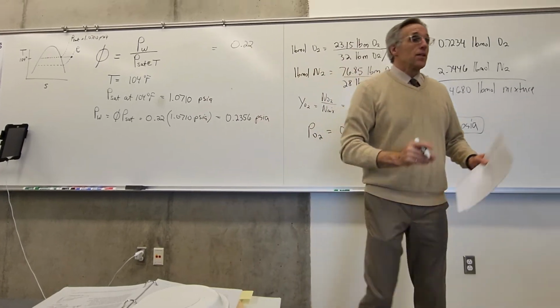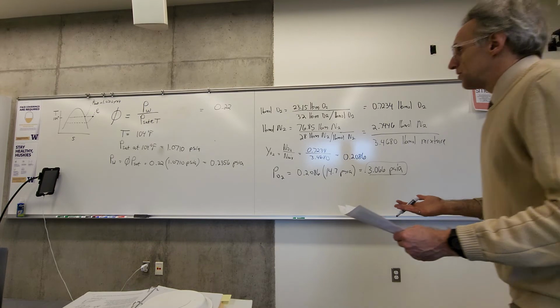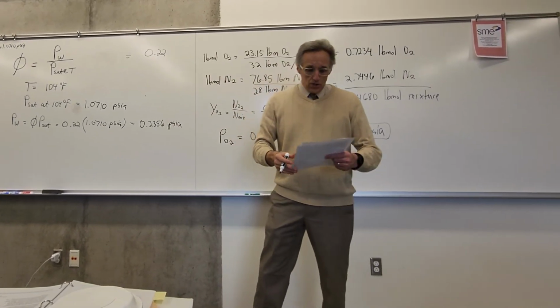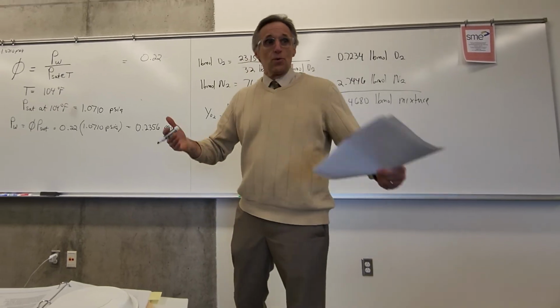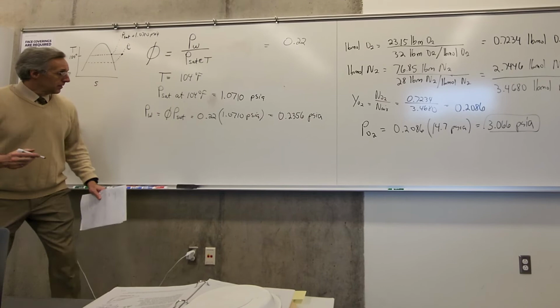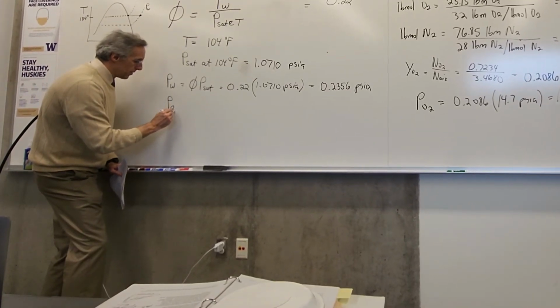PSIA. Now that's the partial pressure of the water vapor, and we could use this to find the humidity ratio if we needed that. But in this case, we have to be careful to see what it's asking for. It's asking us for what? Partial pressure of the dry air.